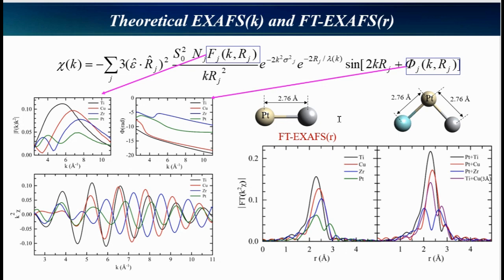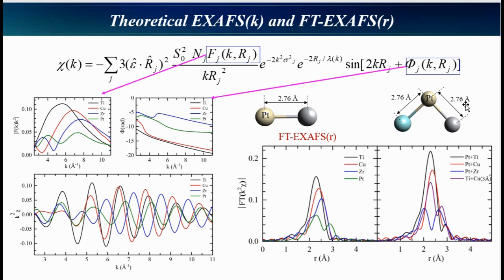To check atomic discrimination, we generated theoretical EXAFS in k-space using FEFF. The atomic models with 1 atom and 2 atoms at the same bonding length, 2.76 angstrom, probing Pt, are prepared respectively as shown in each figure.